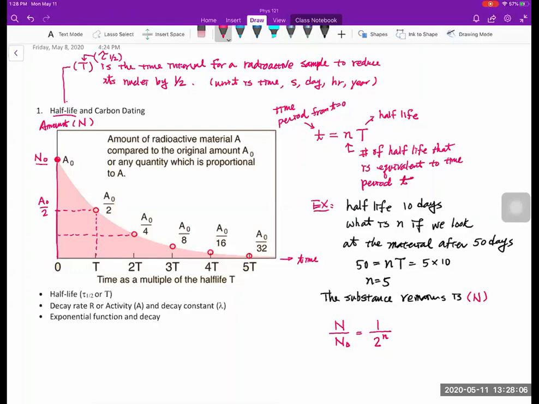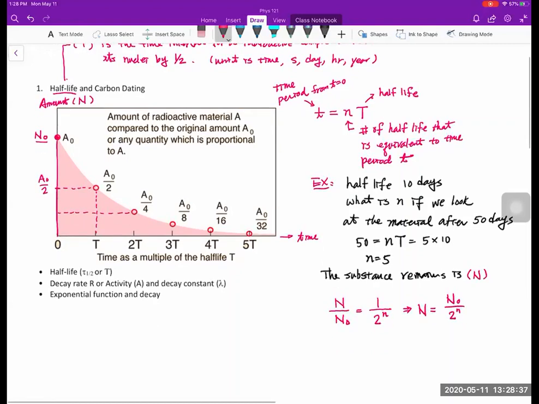Each half-life gives you 1/2. If you have 2, it's 1/2 squared, 3, 1/2 cubed, etc. So 1/2 to the power of N is the way you can figure out how much of the material you have left. Another way you can write this is N0 divided by 2 to the power of N.